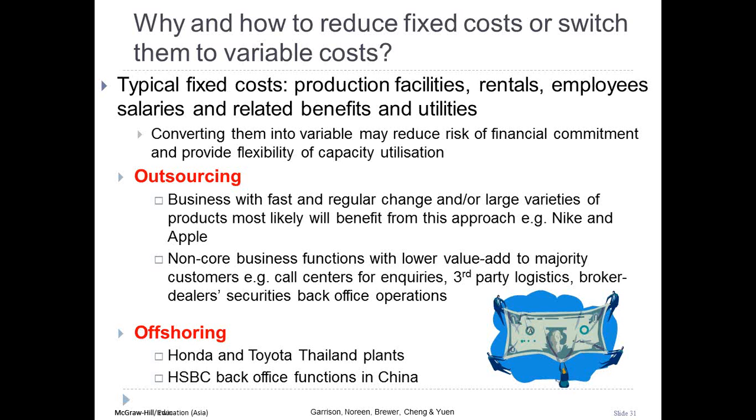And so then a monthly invoice is rendered and there's a whole series of agreements made to accomplish outsourcing. It tends to be common that when we outsource, we outsource non-core business functions with lower value add.